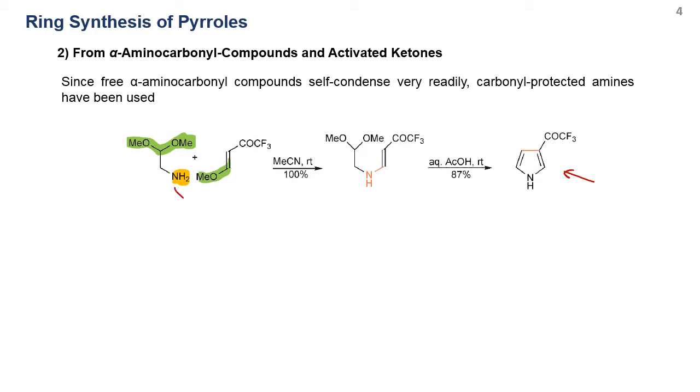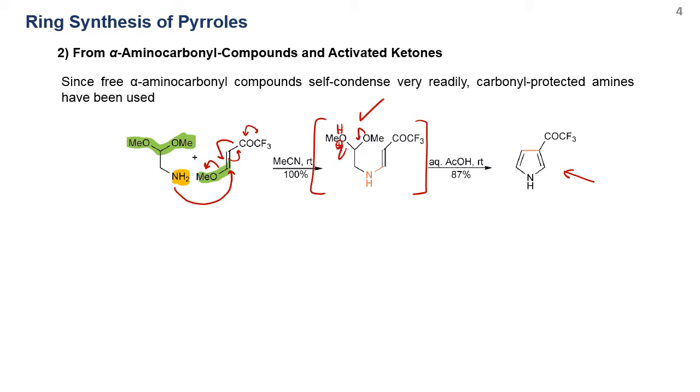the amine can now attack here and then undergo addition elimination to form the intermediate that is quite stable. If you don't put any acid in there, the acetal will stay like that. So you can isolate this intermediate and then put it under acidic conditions, which will protonate here to form the good leaving group and kick out.